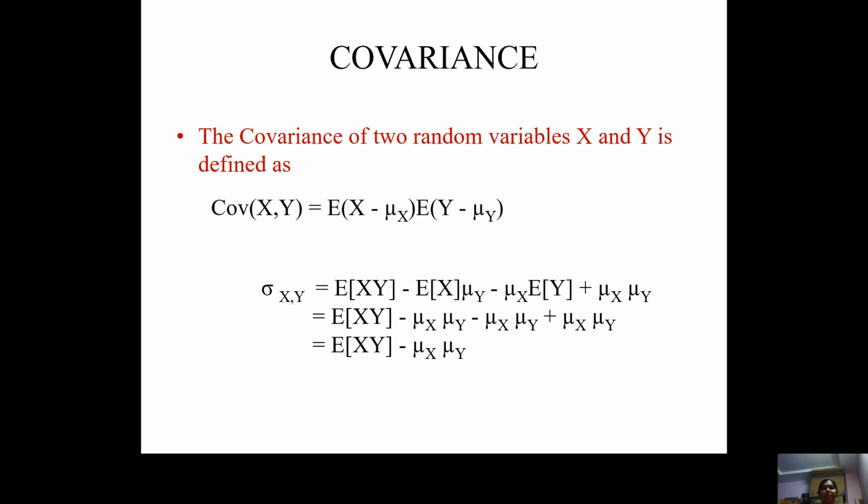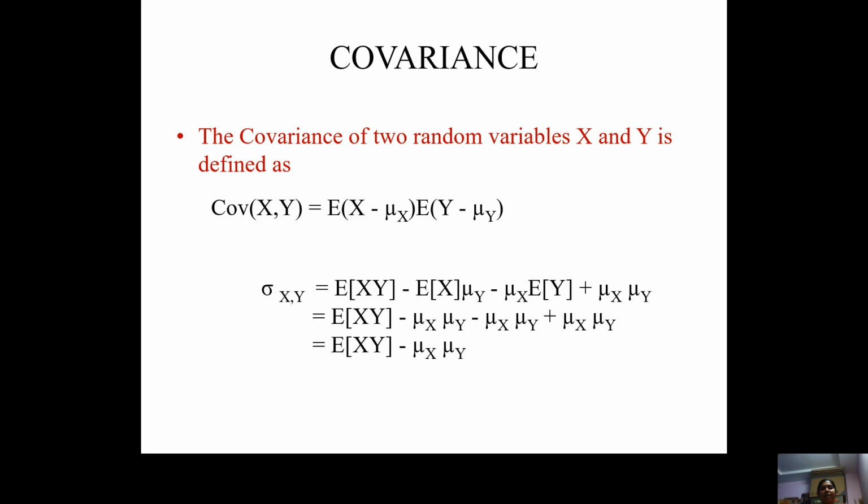So E of x is nothing but mu x, the mean of x. So here we have minus mu x into mu y. Similarly, minus mu x into E of y, which is the mean of y, mu y, plus mu x mu y. So these are nothing but E of xy minus 2 mu x mu y plus mu x mu y.